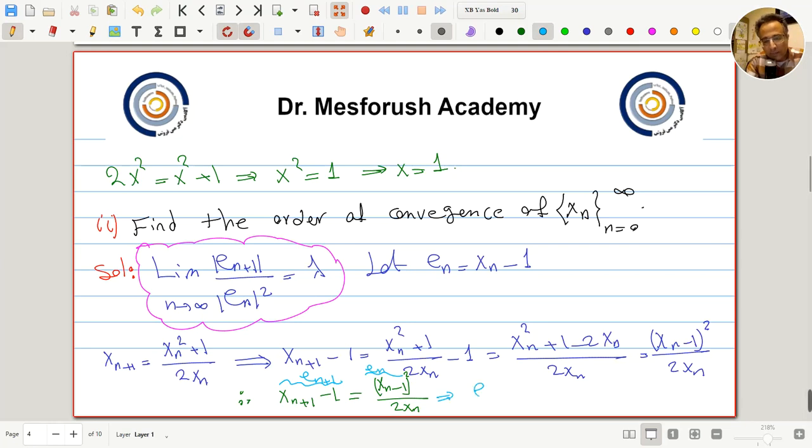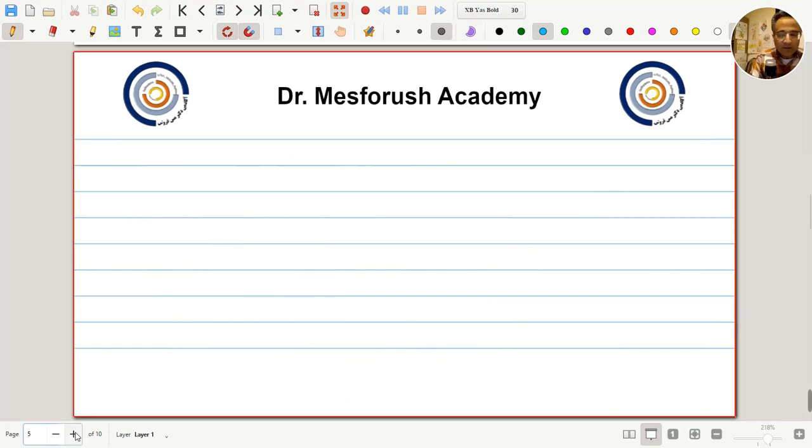So we get e_{n+1} equal to e_n squared over 2x_n, and this gives the absolute value of e_{n+1} over e_n squared equal to 1 over 2x_n. Now take the limit of both sides.